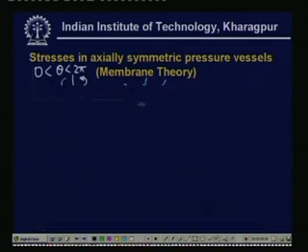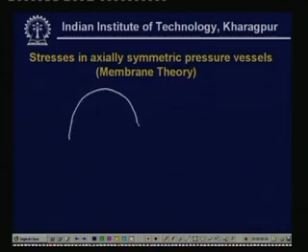Now, let us look at the geometry of such axisymmetric pressure vessels. If you consider one such part of the axisymmetric pressure vessel which is not spherical, something like this, then we can have two principal radii.